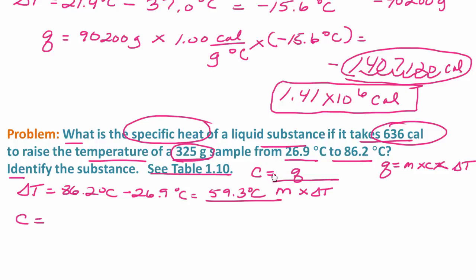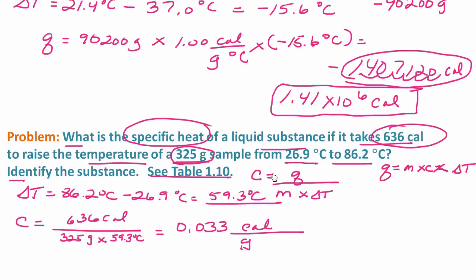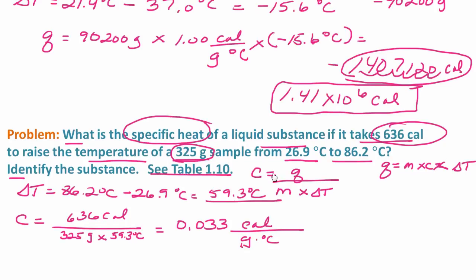C is equal to Q, which is 636 calories, divided by 325 times delta T, which is 59.3. And let's see, this works out to be 0.033, and here our units are calories per gram degrees Celsius.